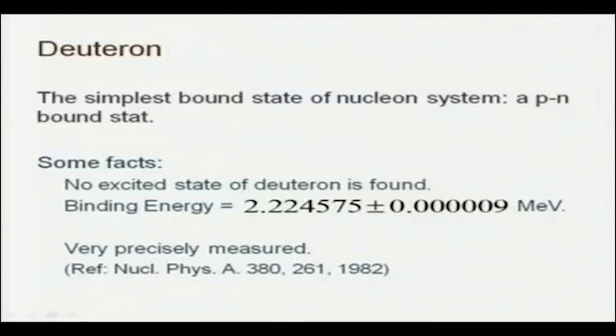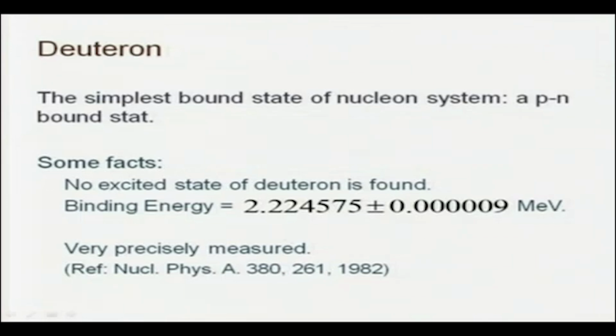We already discussed in the last class the binding energy of a nucleus or bound nucleon system. The binding energy of a deuteron is a very precisely measured quantity, and this leads to a value of say 2.224575 plus or minus 0.000009 MeV.